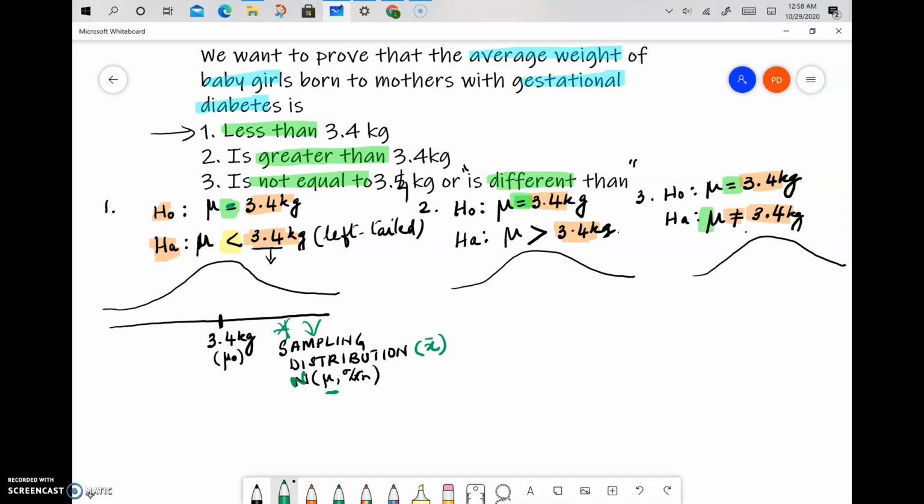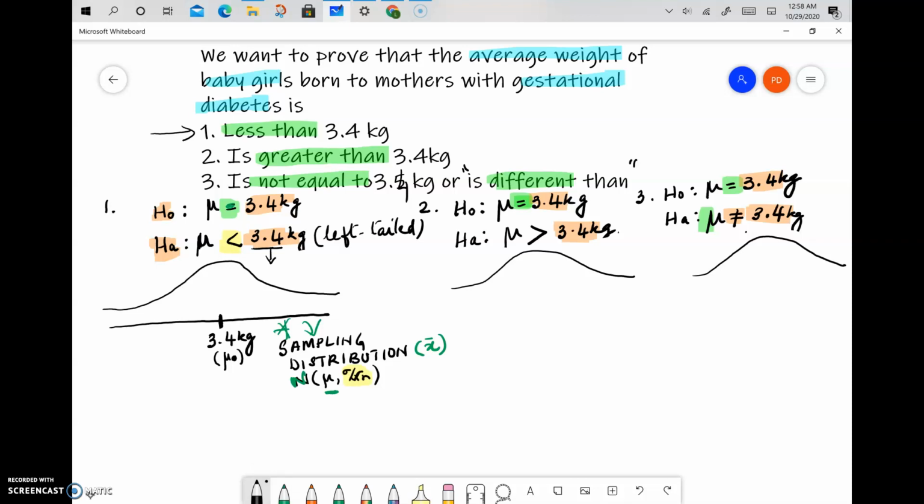So you should go back and watch that video if you don't remember it, because this is key to understanding anything in this chapter. You got to understand how the sampling distribution works. So now the sampling distribution has mu in the center, and its standard deviation is sigma over radical n, where n is the sample size.